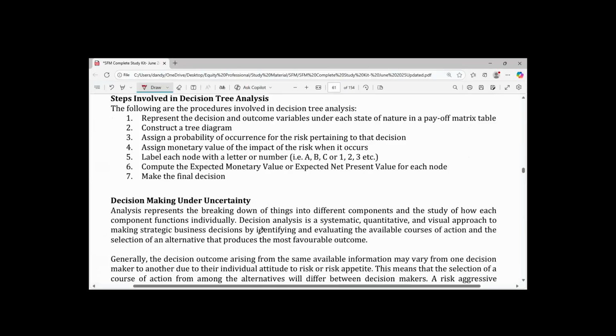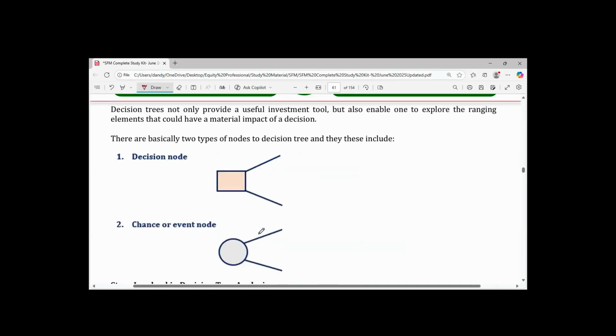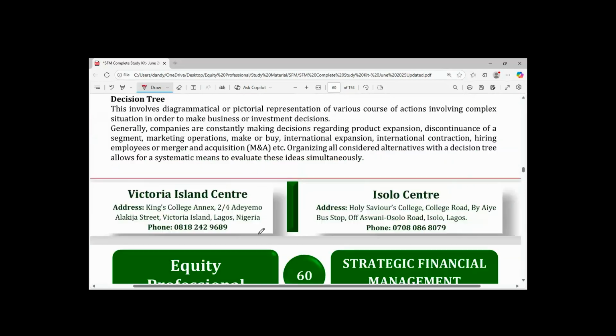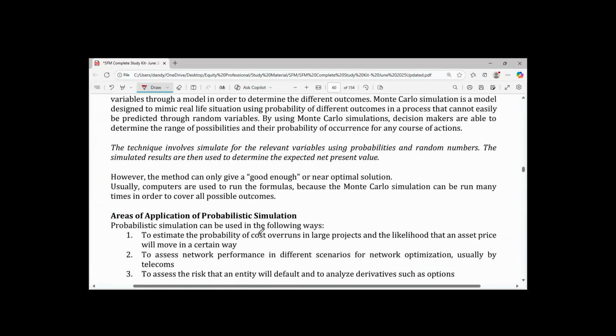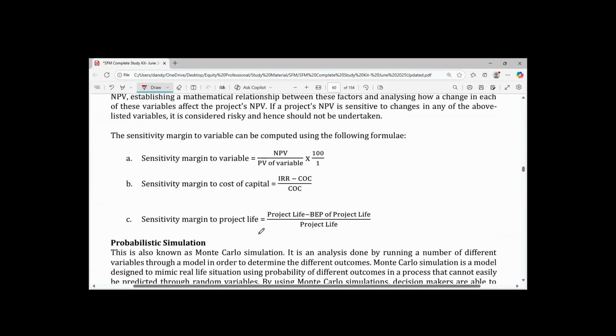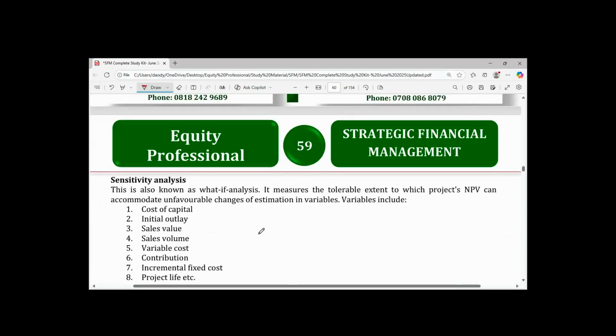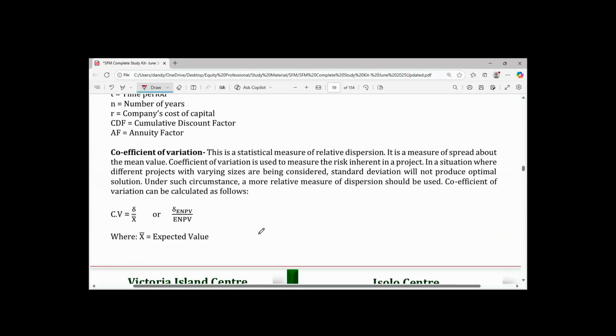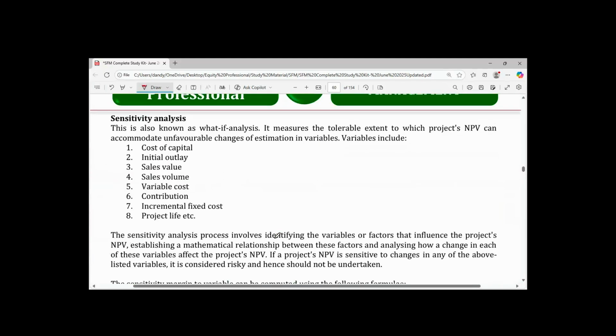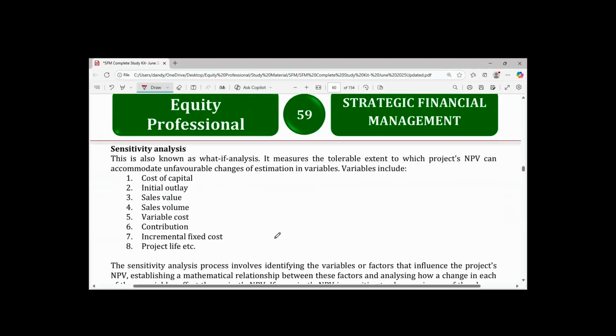If we reduce the selling price by 5% or 2%, can the project still be viable? This is what sensitivity analysis measures, okay? The tolerable extent to which a project NPV can accommodate any change in variable.